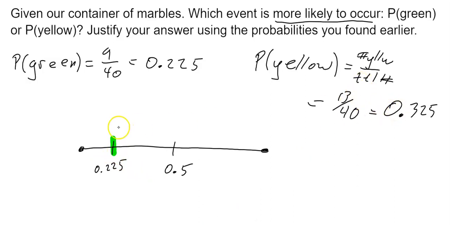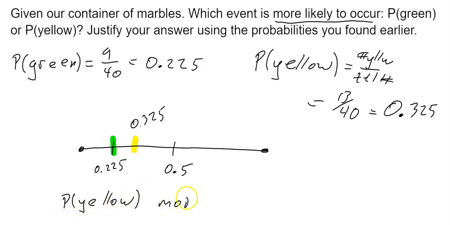Well, yellow is going to be 0.325. So which one is more likely to occur? The probability of yellow is going to be more likely. It's closer to 1.